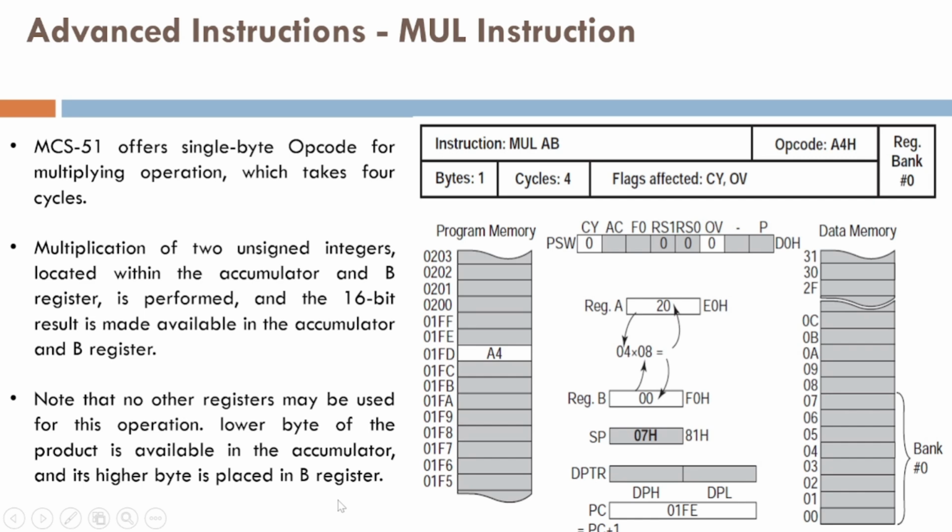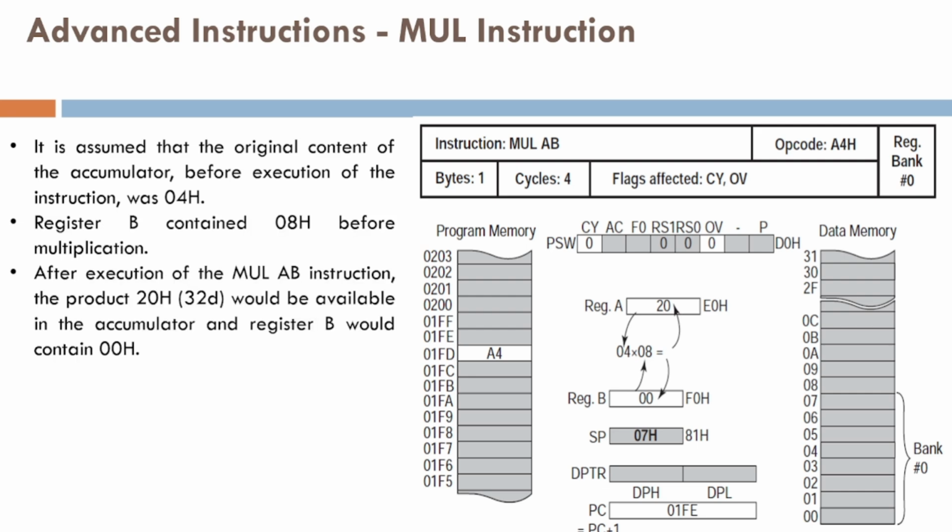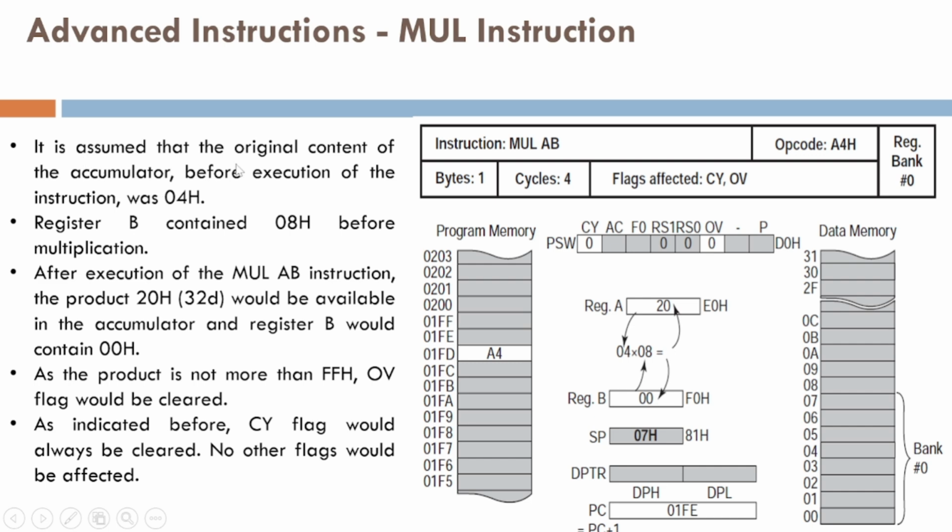Okay, so let's take an example. Here it is assumed that the original content of the accumulator before execution of the instruction was 4 and register B had 8. After the execution of this instruction, that is MUL AB, you get 20 hex, which is 32 in decimal, available in the accumulator, and register B would contain 00.